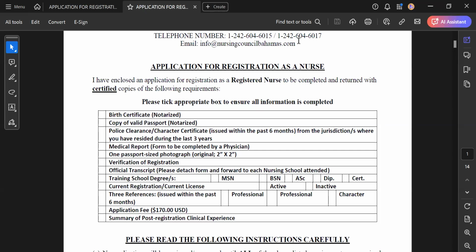Yes, so that is the first professional. It could be your matron, your DDNS, anybody who is higher than you that you've worked with before. The person can be from another hospital that you've worked with, where you are not working currently. That person can do it for you.